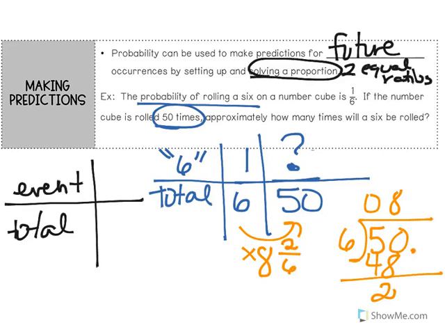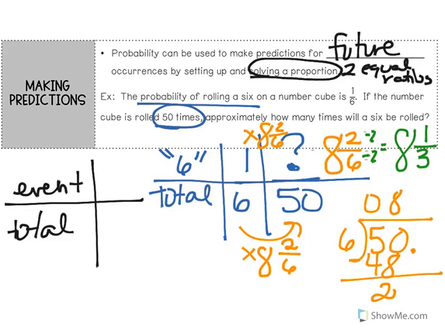Well, if I multiply that by 1, then I know that it would be rolled 8 and 2/6 times out of 50. Now, I don't like to leave my fractions not simplified, so I'm going to simplify it, and I get 8 and 1/3.